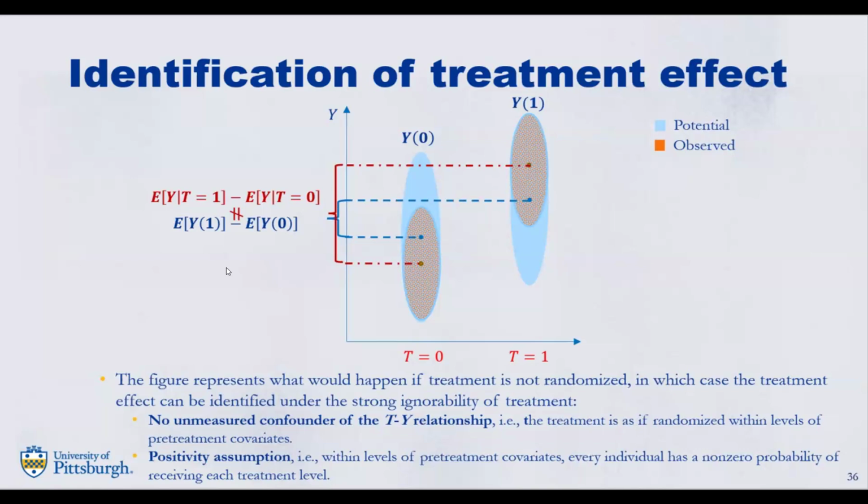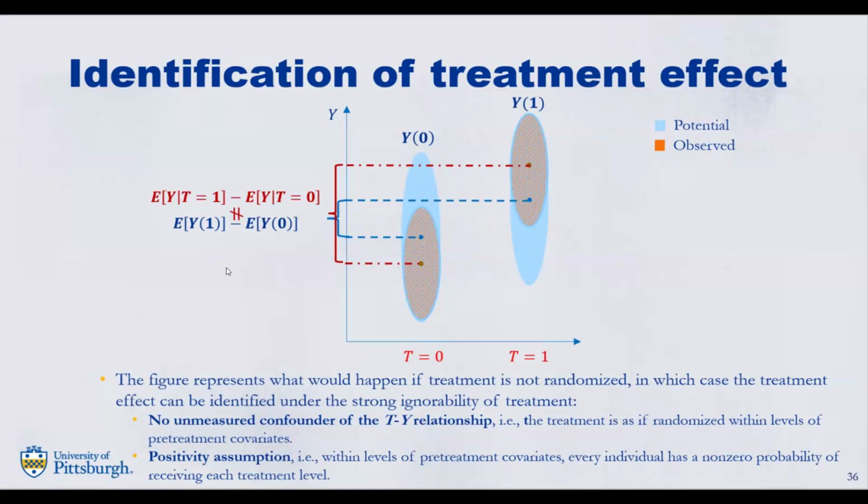Because as you know, the idea of this identification is that in the simplest case, if the treatment is randomized, then the individuals who were actually assigned to the control group provide the counterfactual information of Y0 for those who were assigned to the LFA group. And similarly, those assigned to the LFA group provide the counterfactual information of Y1 for those who were assigned to the control group.